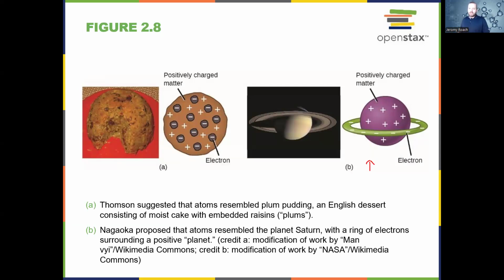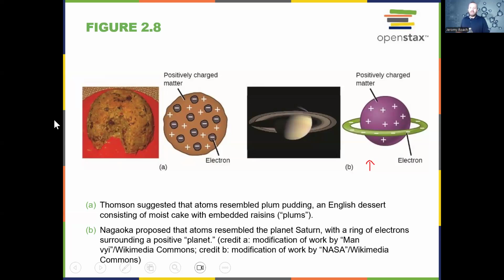J.J. Thomson also suggested that atoms are what he referred to as a plum pudding model. At the time, plum pudding was a common food for people to eat, and it basically is just cake with plums inside the cake.